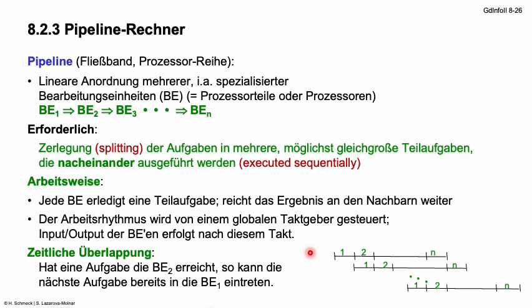So if this is the clock cycle, this is how they get executed. You can see that as soon as this one is free, it starts working on the second task, and then on the third task, etc. So the idle time is greatly reduced, and with this we achieve a much better efficiency of the whole system in general.